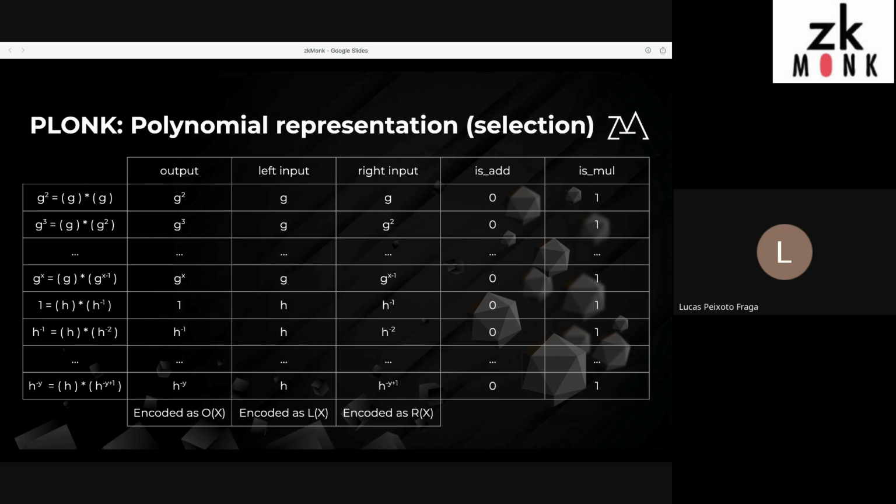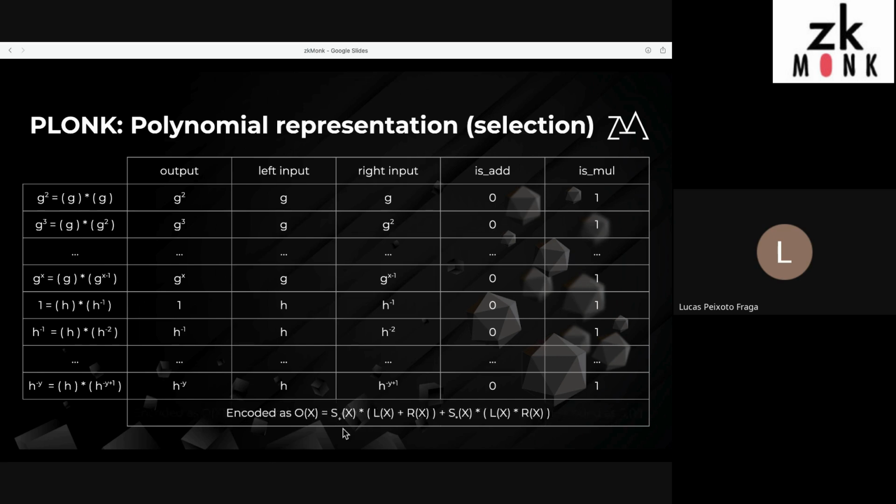These are selector polynomials, and they are polynomials because we will encode these columns as polynomials. Okay, so now that we have these 5 polynomials, we can represent what's going on in each of these rows. We will represent these equations here as this polynomial equation.